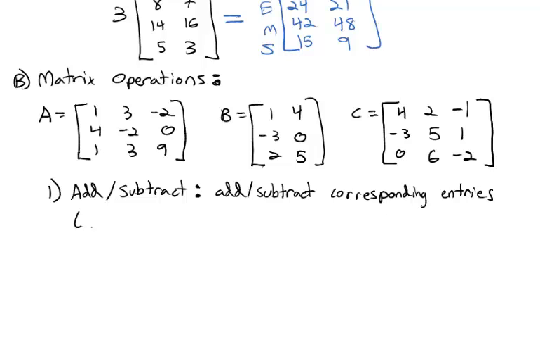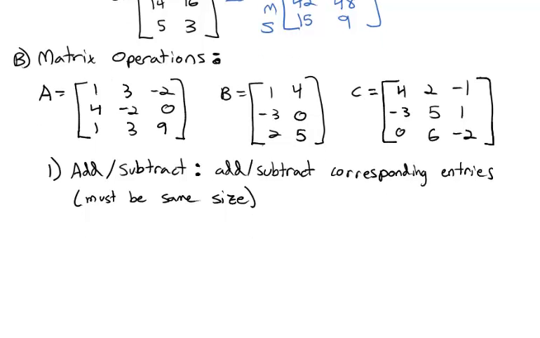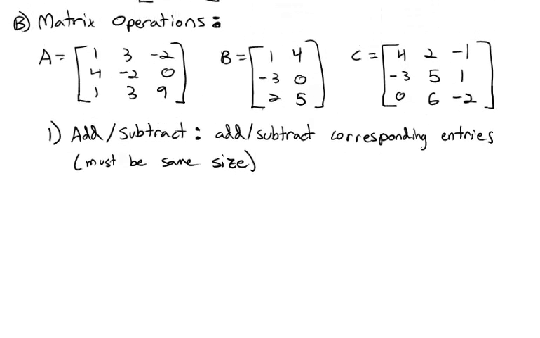And here's a little caveat: the matrices must be the same size. Because if one matrix has 3 columns and the other one doesn't, what do we add the third column to? Nothing really. So they must be the same size in order to add and subtract.